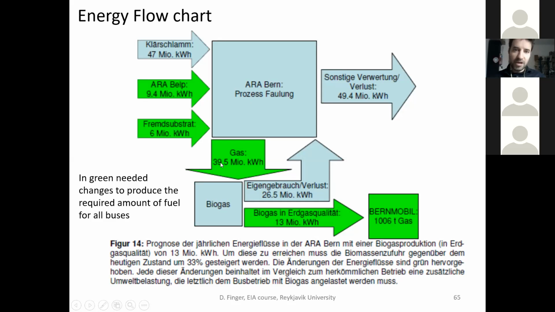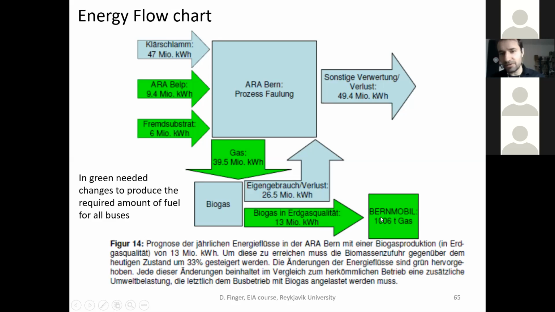In total, about 40 million kilowatt hours of biogas was produced in the biogas reactor. And part of it went back into the operation of the sewage treatment plant, while about 13 million kilowatt hours of biogas was provided to the city services.